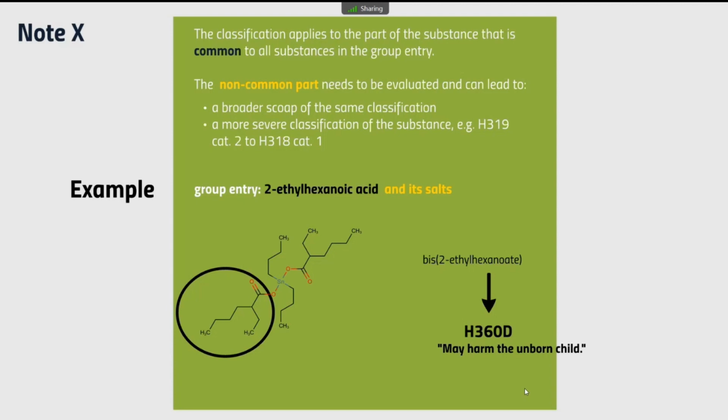But the salt part, so the uncommon part of this substance, actually leads to the broader scope of the same classification. So instead of having the classification H360D, may harm the unborn child, additionally we have the hazard statement may damage the fertility, H360DF. And that is a broader scope of the same classification.